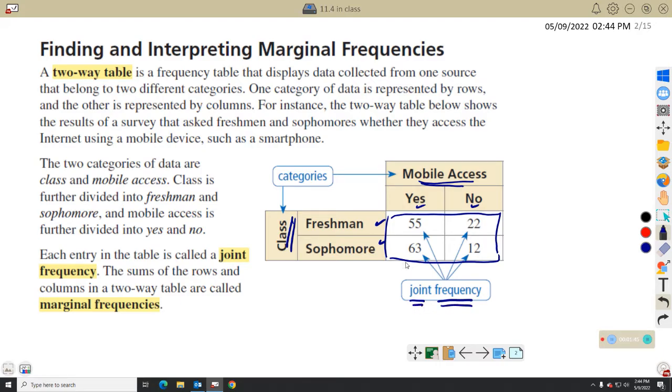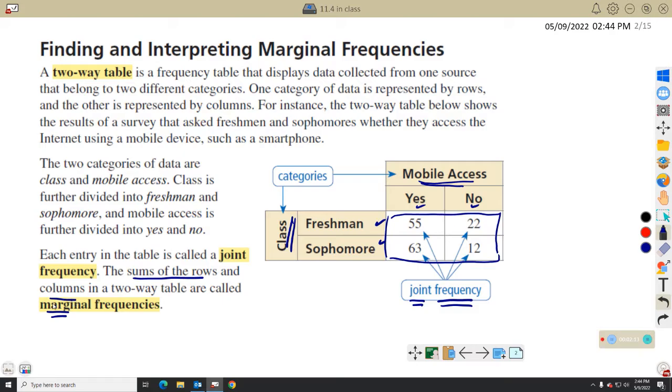I use the word joint to remember that's where two things come together, such as a joint in your body or a joint in your plumbing system in your house. Two pipes come together, we call that a joint. So two things come together, the answer for the mobile access question and the class question, and we call those joint frequencies.